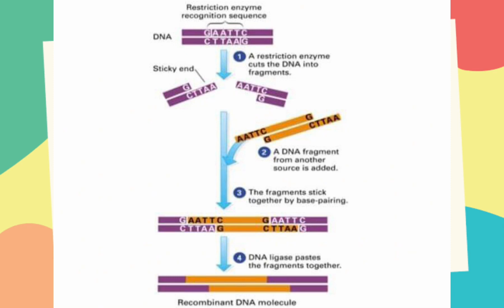Base pairing refers to the specific hydrogen bonding interactions between complementary nitrogenous bases in DNA. In the context of DNA fragments sticking together, the pairing occurs between adenine and thymine, as well as between guanine and cytosine.